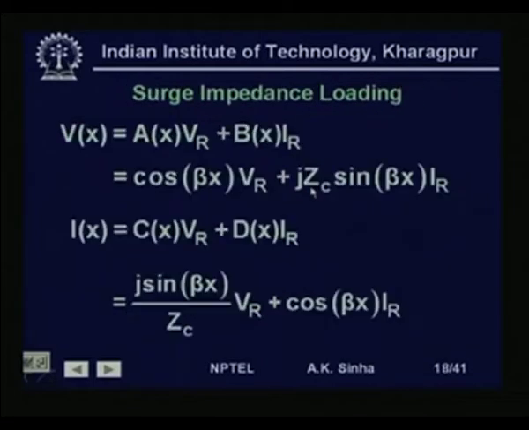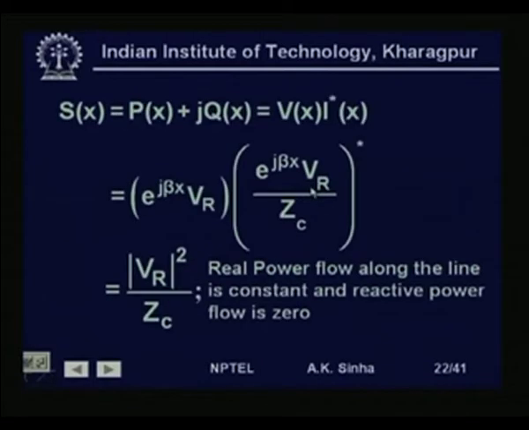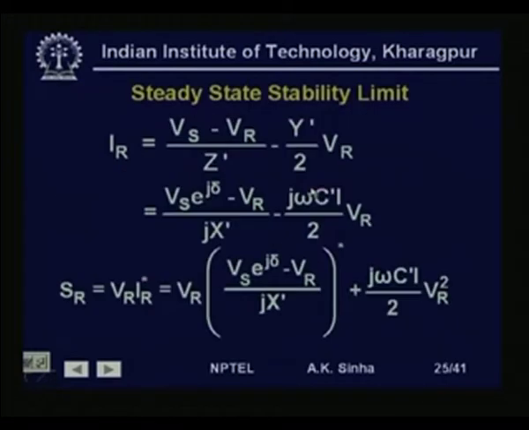So, if we look at that, then we have I r equal to V s minus V r by Z dash minus y dash by 2 into V r. Now, substituting the value of V s and V r, V s we said is the sending end voltage with a magnitude V s and angle delta, and V r is the magnitude of V r at an angle 0 degree, because that is chosen as reference.